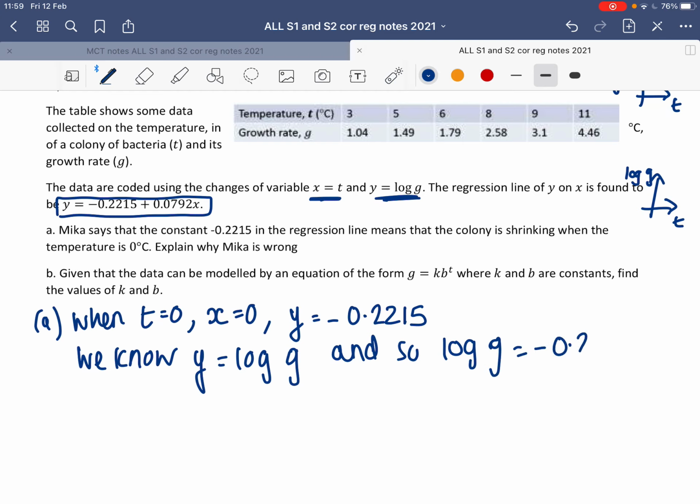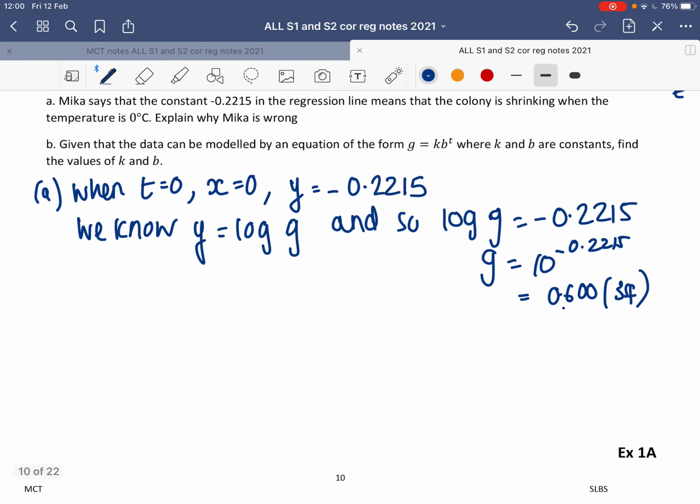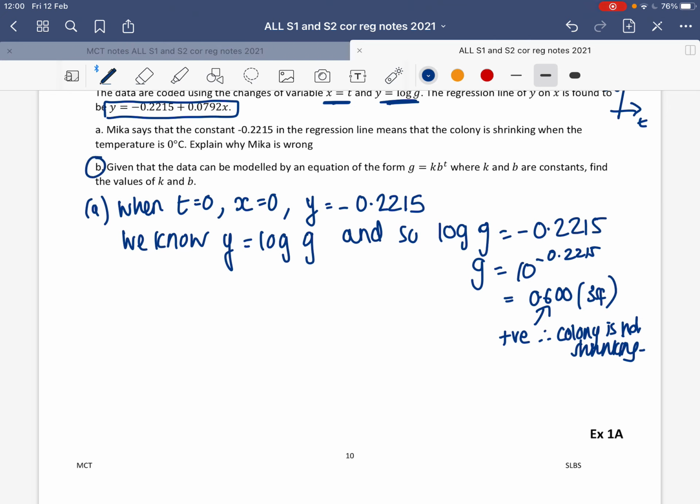And so log g is equal to minus 0.2215. So g is 10 to the minus 0.2215, which is 0.600 to three significant figures. So this is a positive value. Therefore, the colony is not shrinking. Yeah, if it's a positive, it would have a positive gradient.